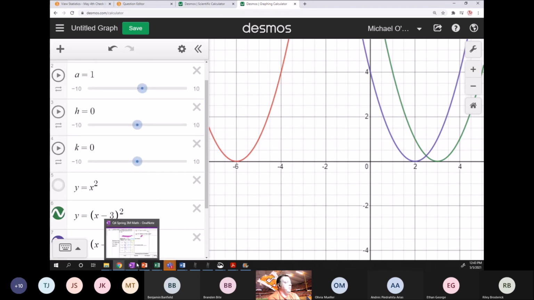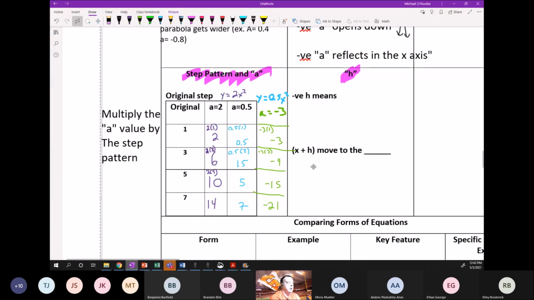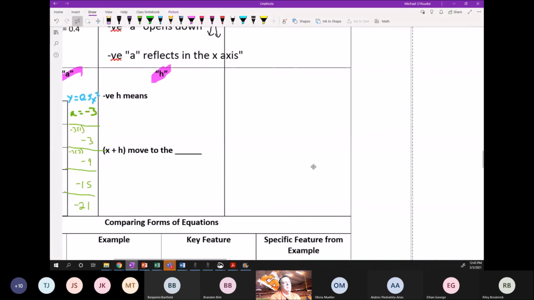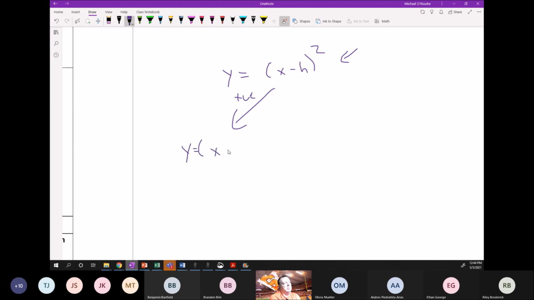Actually, let's go through it right now. So I'm going to write it over to the side here. So the equation is this. The equation is, I'm just going to do this part of it. X minus h squared. So if I put a positive number in there, okay, let's put a positive 3. X minus positive 3 squared.